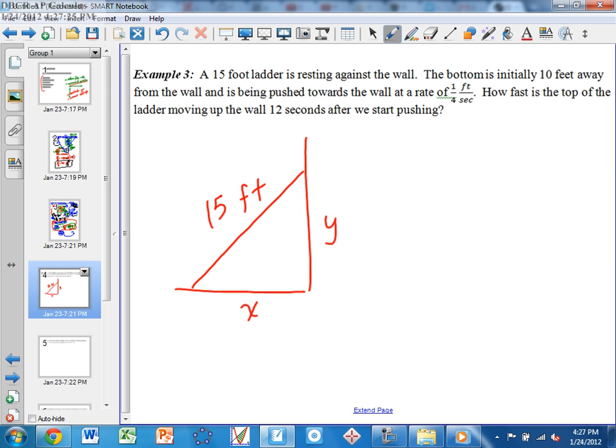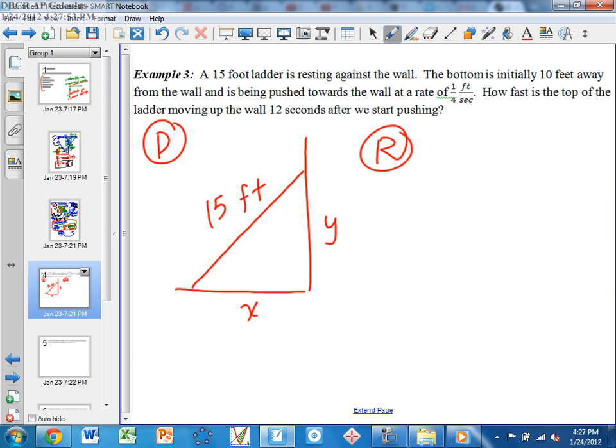We are trying to figure out again, how fast is the top of the ladder moving up the wall 12 seconds after we start pushing. 12 seconds after. So, what are we looking for? That's our next thing, our related rates. Here's our diagram. Then we have to get to our related rates. What are we looking for? Good. So what does that mean, though?